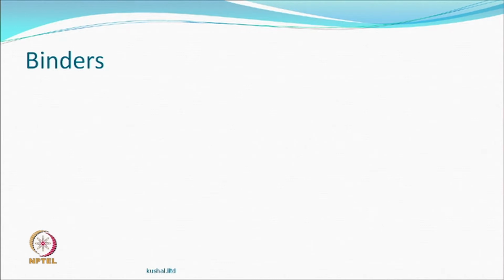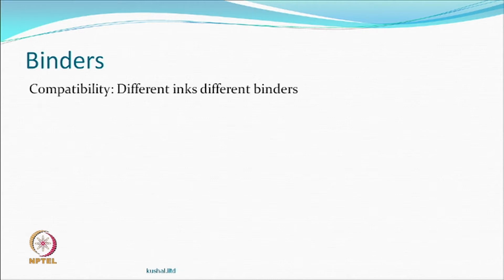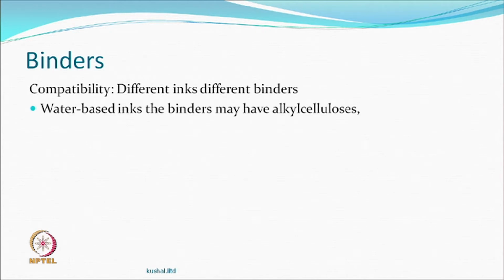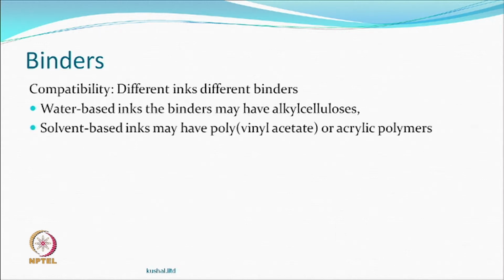So, some examples of the binders. Different inks, different binders, which obviously means water soluble, water insoluble, all those types of things will have to be seen. So, that kind of compatibility people obviously work around. Water based inks may have alkyl celluloses, the solvent based inks may have vinyl acetate based or acrylic based polymer binders.